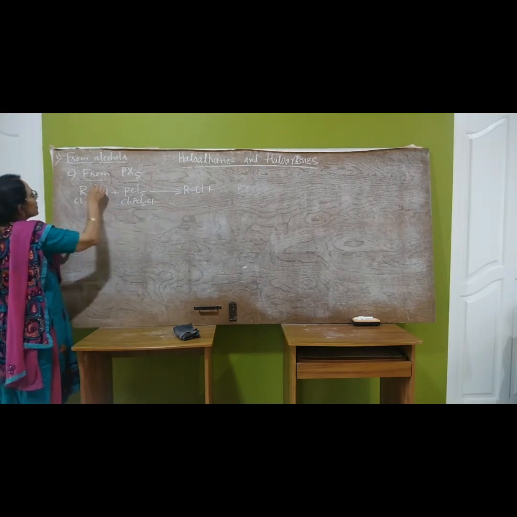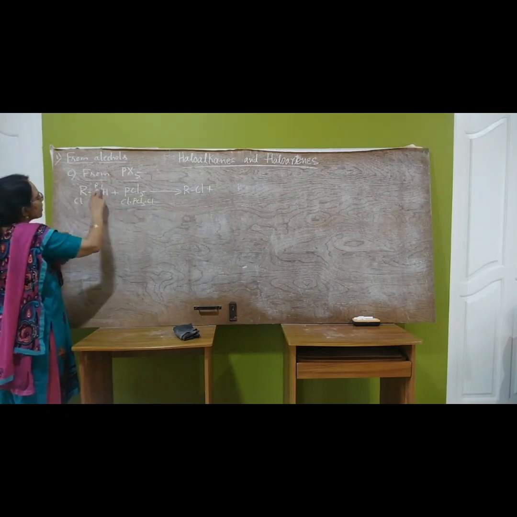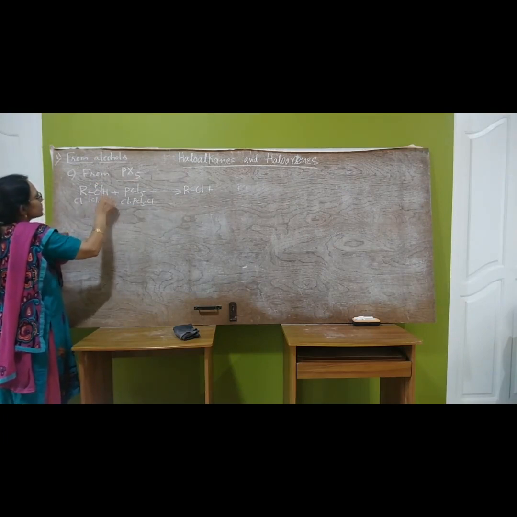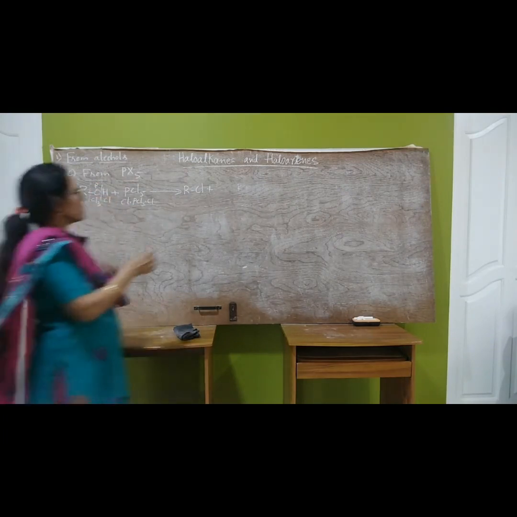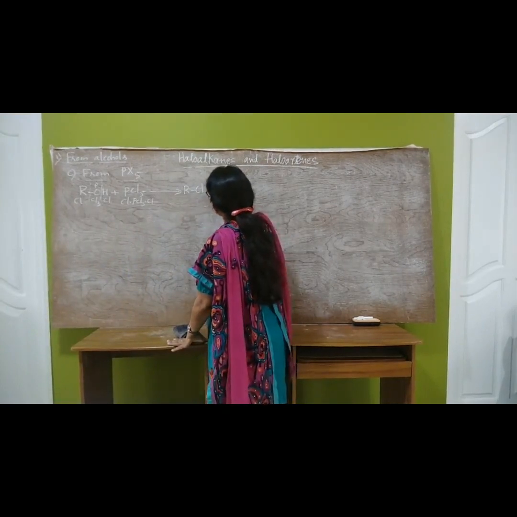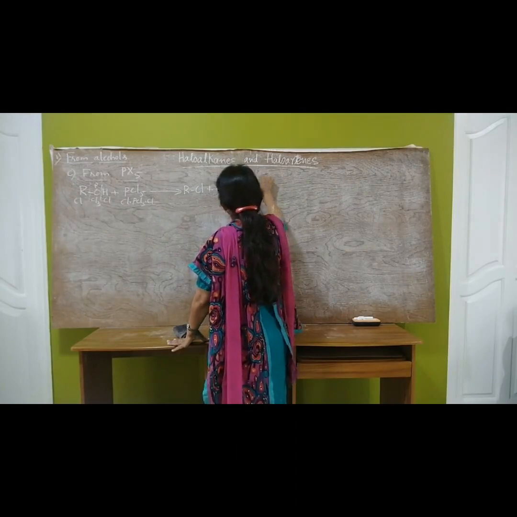Then PCl3 reacts here, so POCl3, phosphorus oxychloride, is formed and HCl is formed. So what are the products formed here? RCl plus POCl3 phosphorus oxychloride plus HCl.